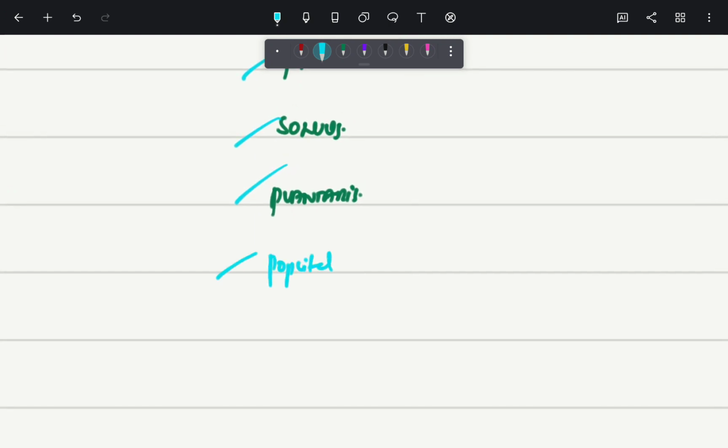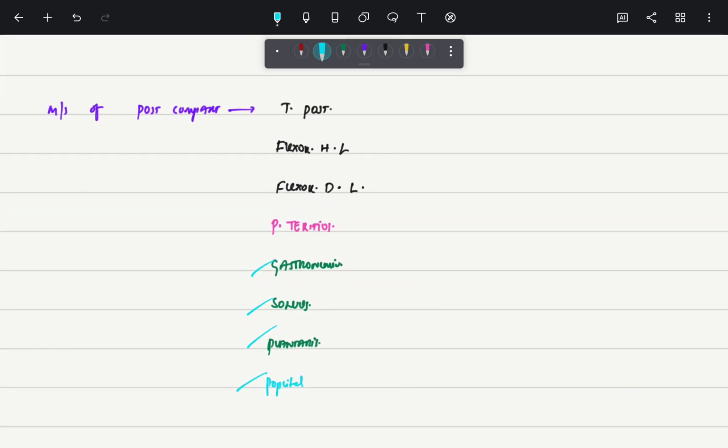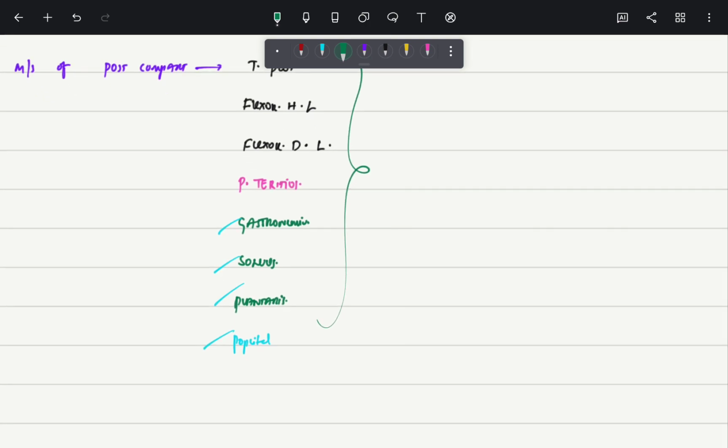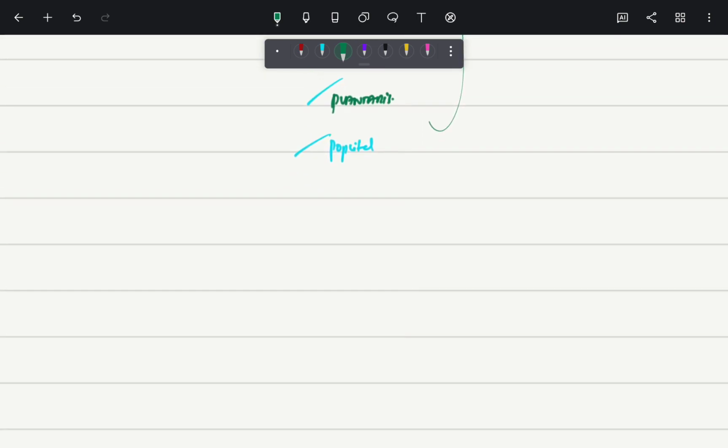Popliteal muscle. Okay, so aside from these common muscles, there are also the special four muscles present in the posterior compartment. Now what is the nerve supplied to this one? The nerve supplied to the posterior compartment muscles is your tibial nerve. Okay, and the tibial nerve is derived from the anterior division of your lumbar plexus, especially L4 to S3. Okay, I hope you are clear with this.